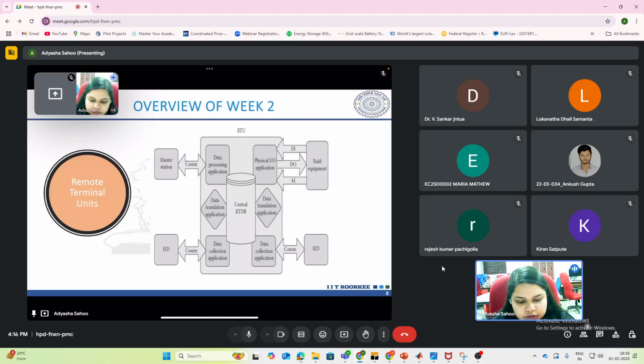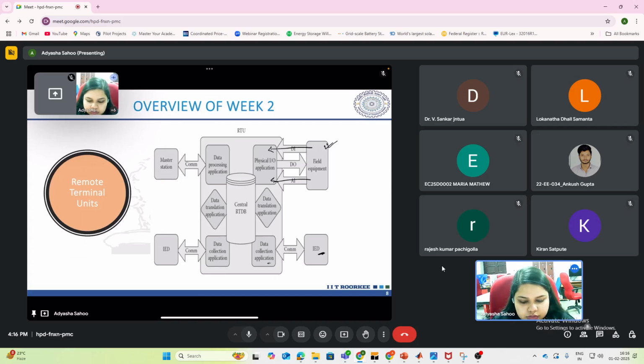So, starting from this field equipment, the data is input to this physical IO application through these channels. First, basically digital or analog inputs are given. Then after that, the data is also connected through the intelligent electronic devices through communication channels to the data collection application.